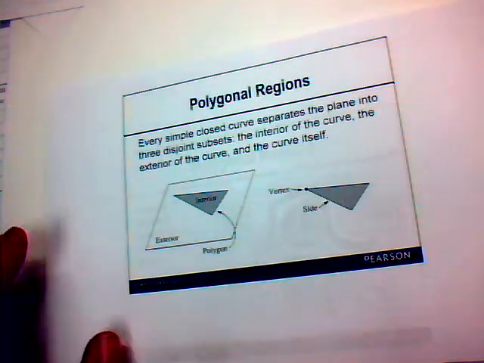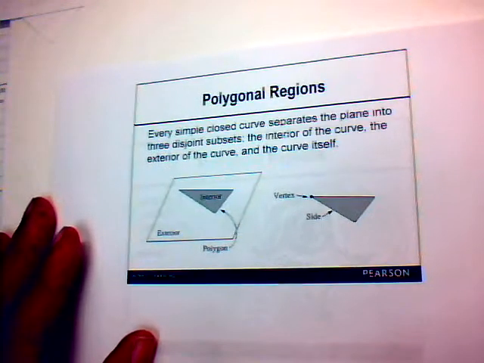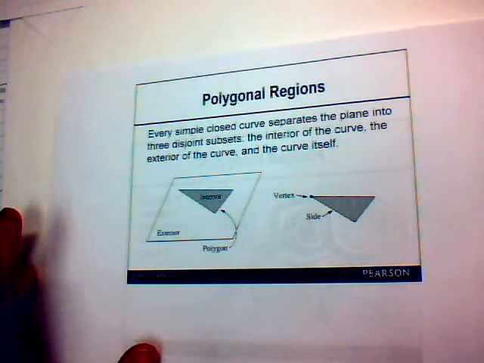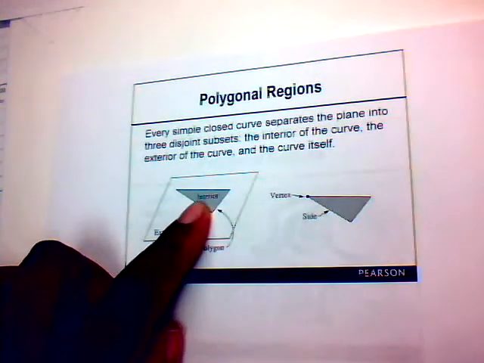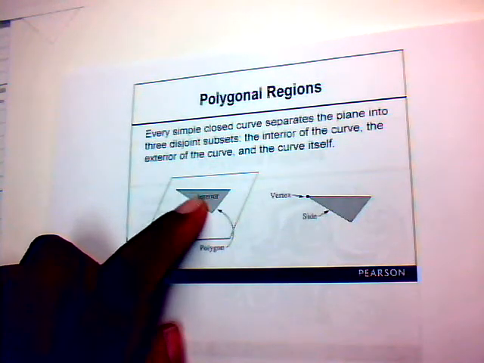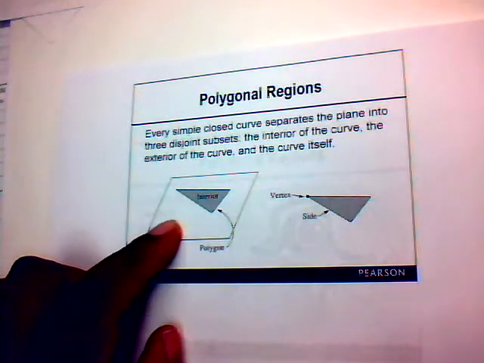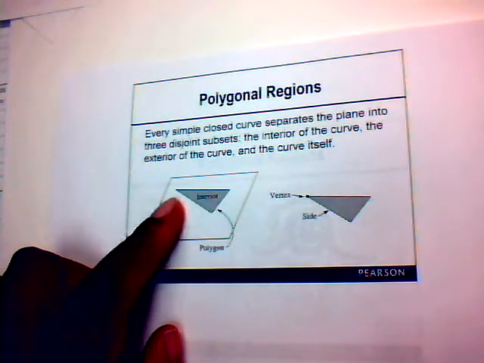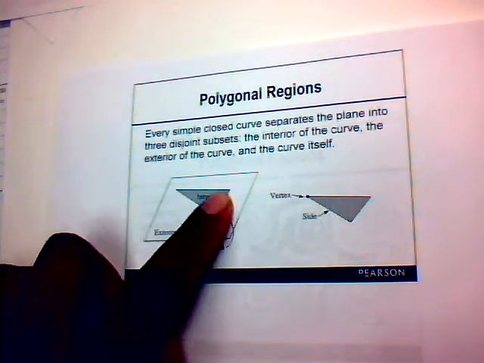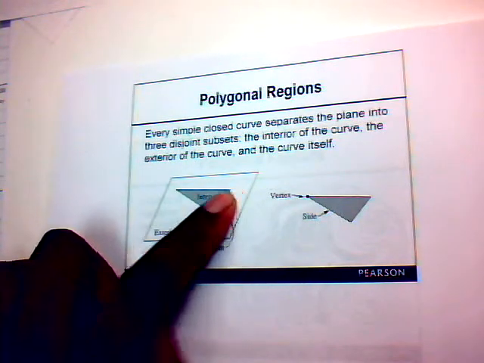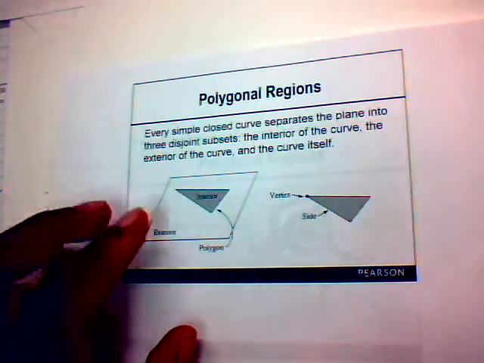Okay. Every simple closed curve separates the plane into 3 disjoint subsets. That's the interior of the curve, the space on the inside, the exterior of the curve, which is on the outside, and the curve itself. So here we have a triangle.